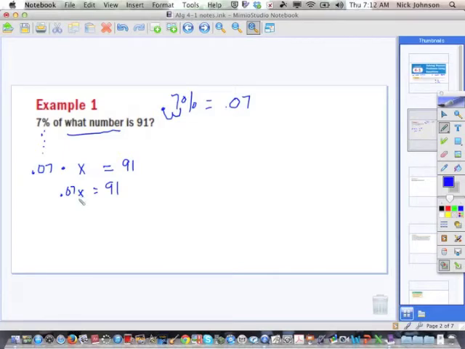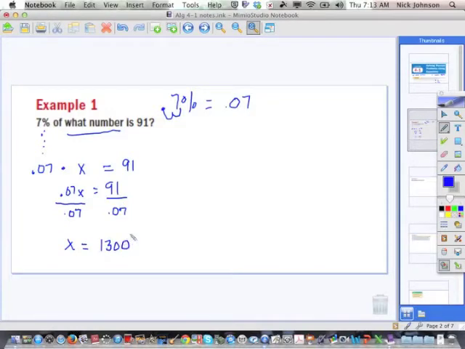So the inverse of multiplying by 0.07 is dividing by 0.07. Whatever you do to one side, you have to do to the other side. X is going to equal, well, what's 91 divided by 0.07? I don't know either, so you go to your calculator. 91 divided by 0.07 is 1,300.